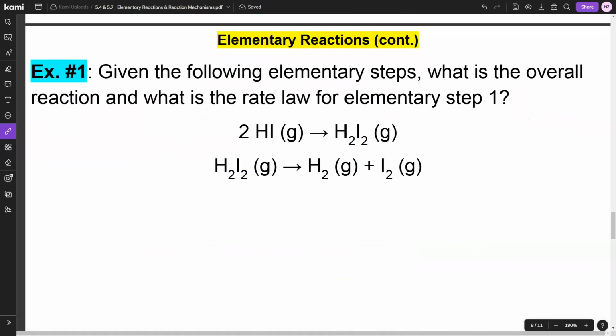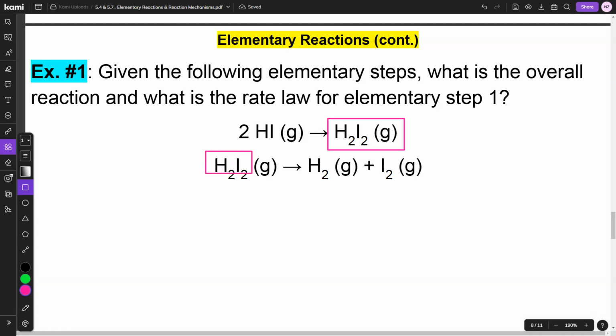Okay, so here's an example. It says, given the following elementary steps, what is the overall reaction and what is the rate law for elementary step number 1? So if you look at the equation here, H2I2 is present in both reactions. That's an intermediate. So I can eliminate that from the overall reaction, okay?